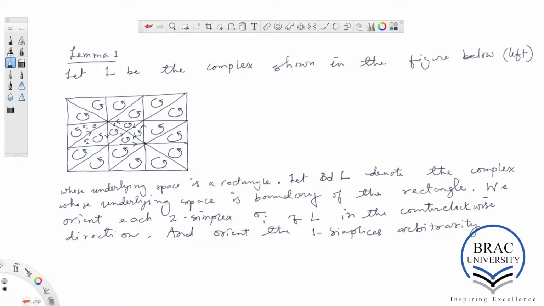A possible orientation of the one simplices in the central rectangle on the left is shown on the right here. That I'm doing now. So I'm zooming in on the central rectangle here in the complex L.